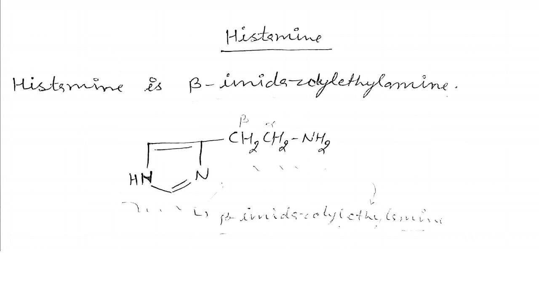So what do you mean by beta-imidazolyl ethylamine? Look here. In ethylamine, there is CH3, CH2, NH2. Look at the CH2, NH2. So in the ethyl group, one hydrogen is replaced by the imidazole nucleus.